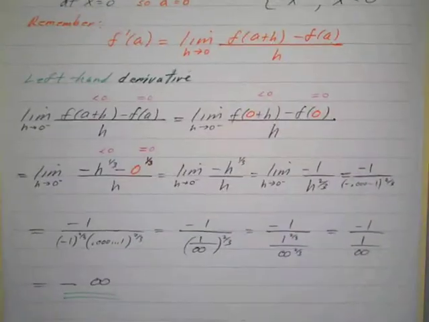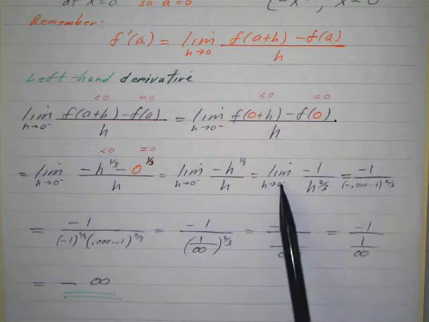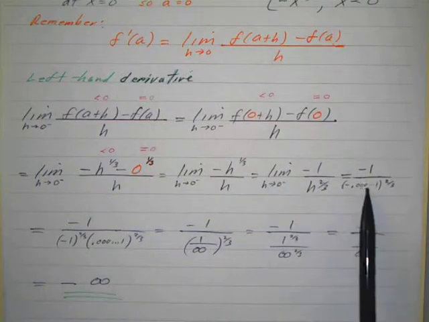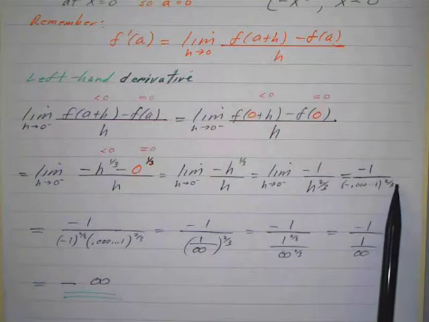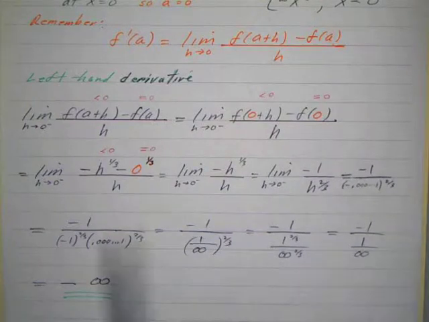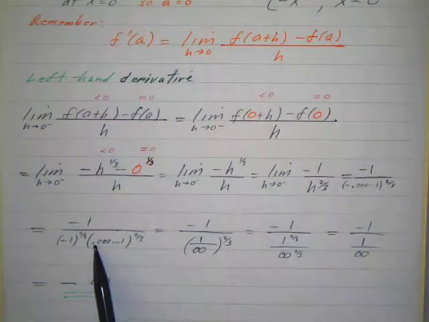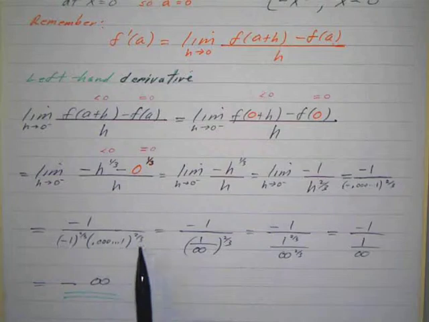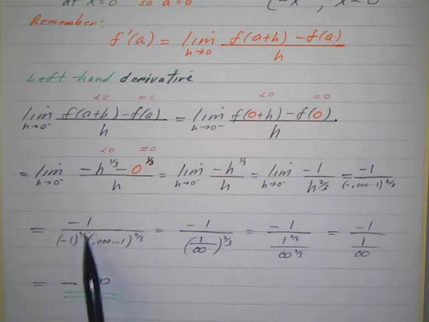Works pretty good. We're going to be to the left of 0, so it's going to be a very small negative number, so negative 0.00021 to the 2/3. And I can separate this. I got a negative on top. Now this becomes negative 1 to the 2/3 times the very small number, 0.0001, to the positive 2/3.